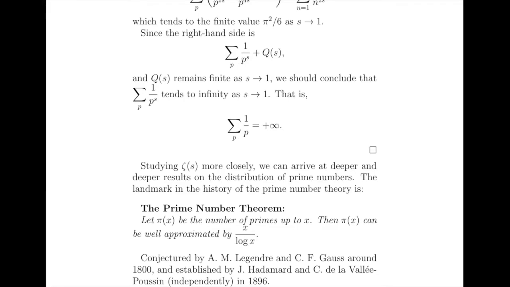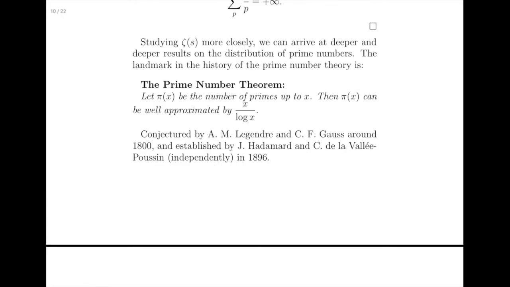And the landmark of prime number theory is the so-called prime number theorem. Here pi(x) denotes the number of primes up to x. For example, less than 10 there are 4 primes, 2, 3, 5, and 7. So pi(10) is 4.